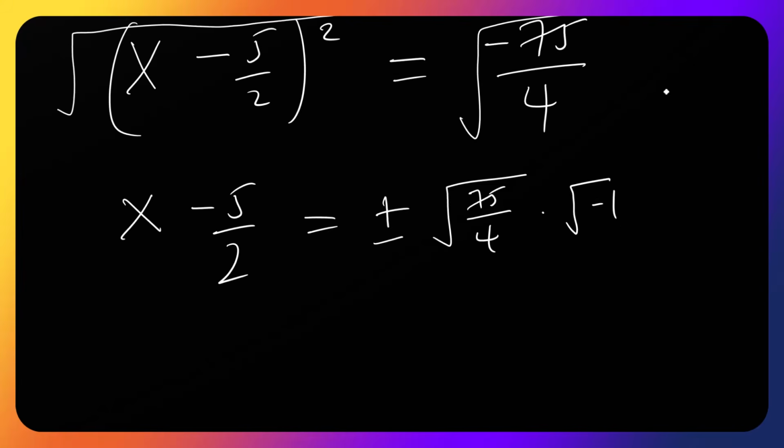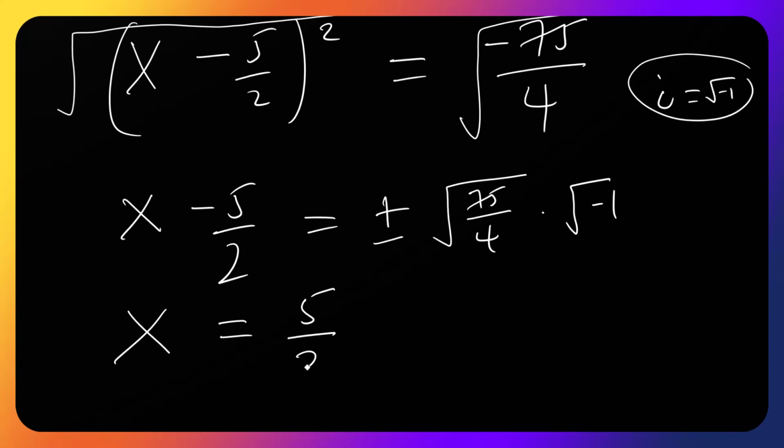And don't forget that the square root of negative 1 is i, from complex numbers. So we have x equals 5 on 2 plus or minus the square root of 75 on the square root of 4, i.